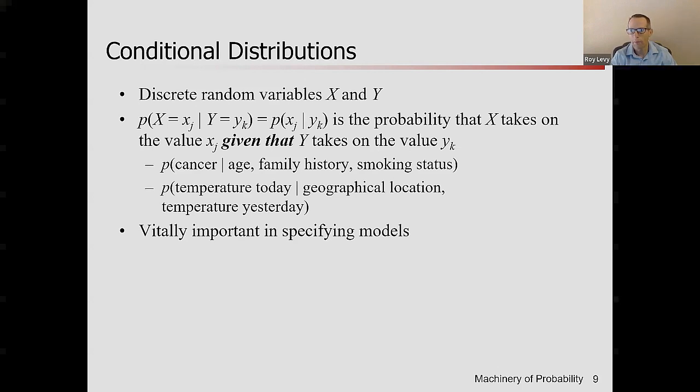Or in modeling weather and temperature, what's the probability that the high temperature today reaches a certain value given where we are located in the world and what the temperature was like yesterday. This notion of conditional on, or given that, is vitally important for us in specifying models.